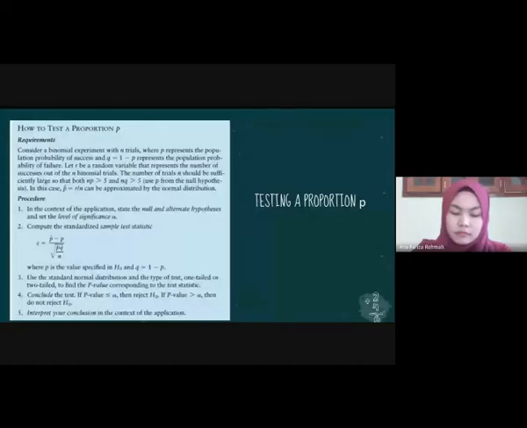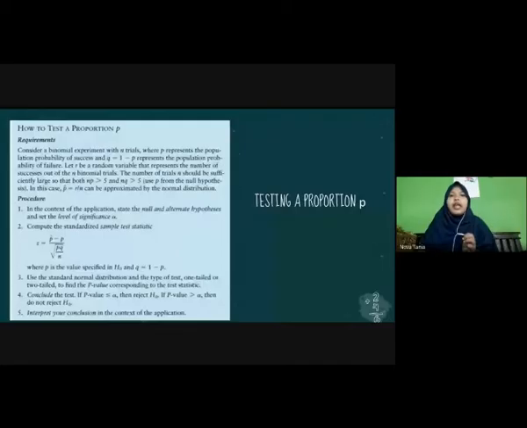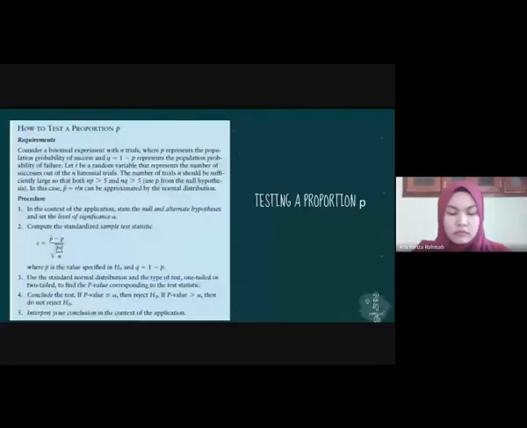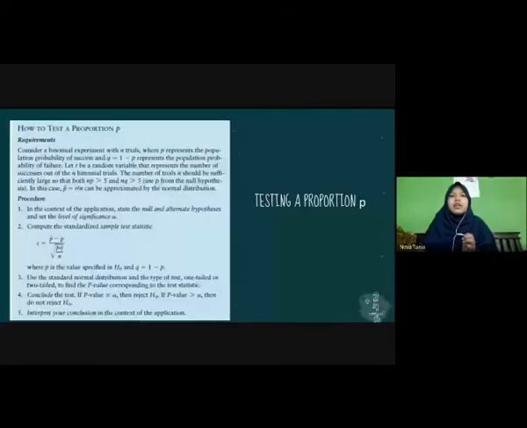Let R be a random variable that represents the number of successes out of the n binomial trials. The number of trials n should be sufficiently large so that both nP and nQ are greater than 5, and note that we use P from the null hypothesis.